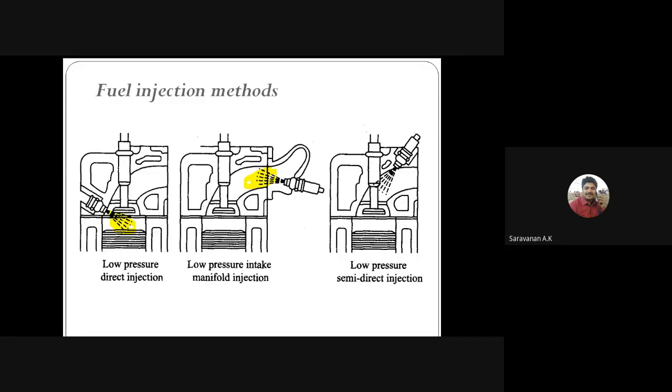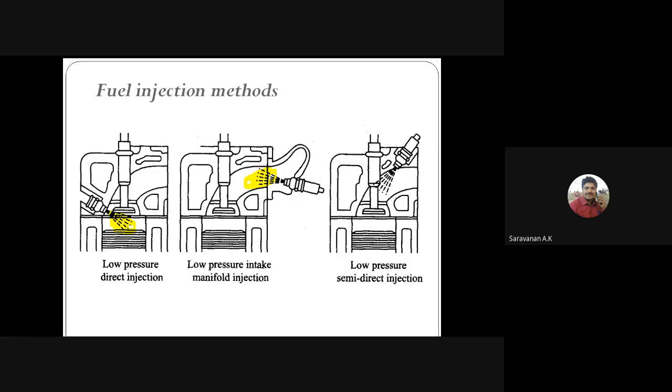The timing and the duration of the fuel injection are determined by the ECU. Nowadays, most injection systems are electronic injection systems. Here we use the ECU, the electronic control unit, which controls the fuel flow depending upon the load and speed conditions.